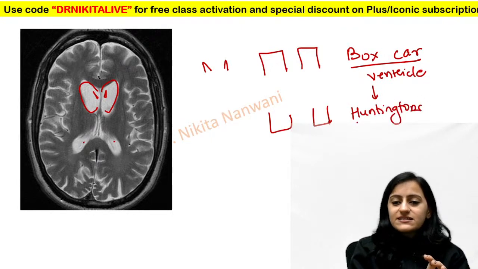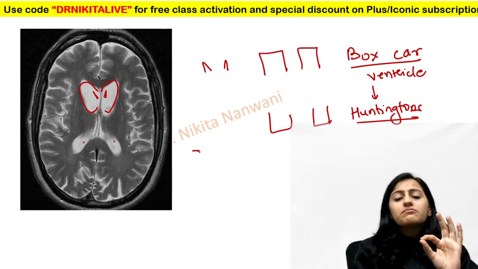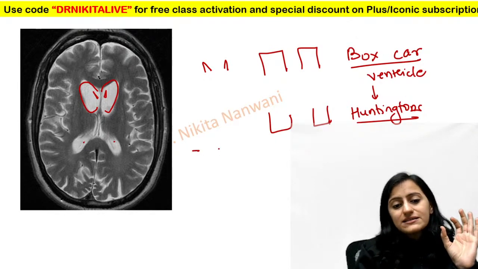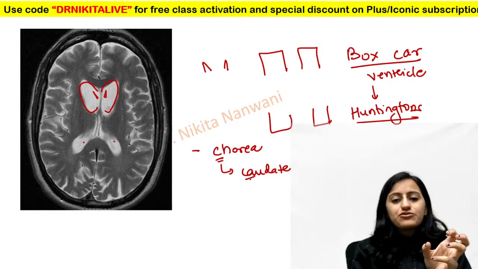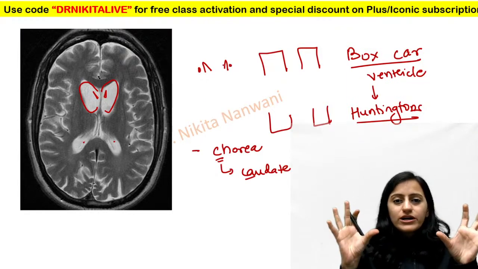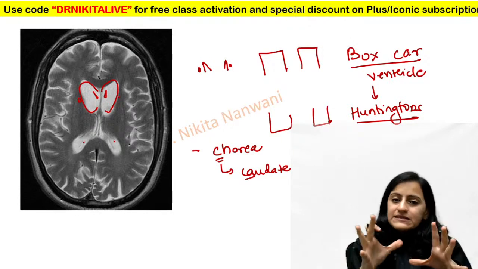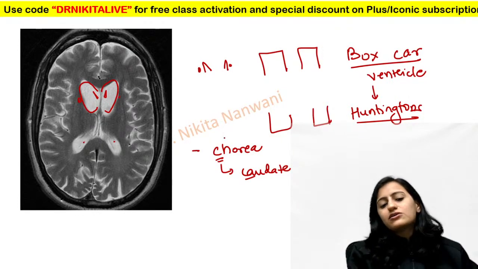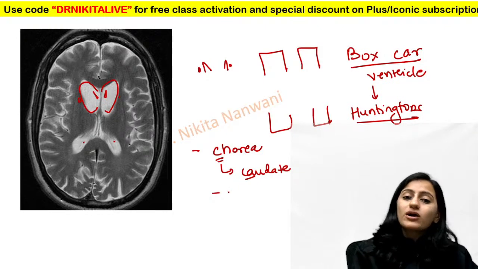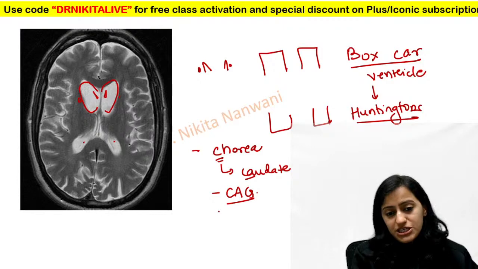We have seen this in trinucleotide repeat disorders. Why do you get the boxcar ventricle in Huntington's? Because Huntington's is chorea. Chorea is C for caudate. So caudate atrophy. So when the caudate, which is adjacent to the frontal horn, is atrophied, the frontal horns get space to dilate. So that is why the frontal horns dilate. So you get boxcar ventricle. The trinucleotide repeat is CAG.